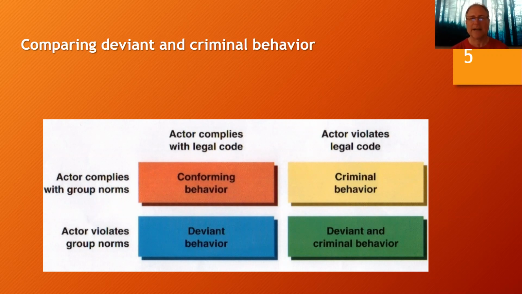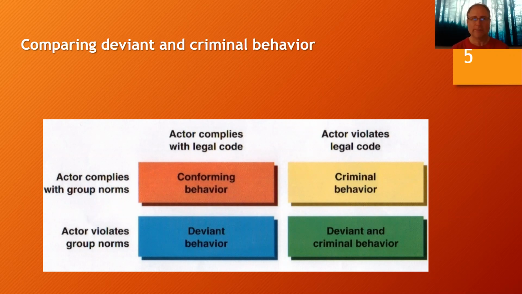The person can either comply with legal code or not break the law, or the person or individual can violate the legal code for that column. Along the side, an individual or actor also has two choices. He or she can either comply with group norms, and that would be that row across, or the person can violate group norms, that row across.